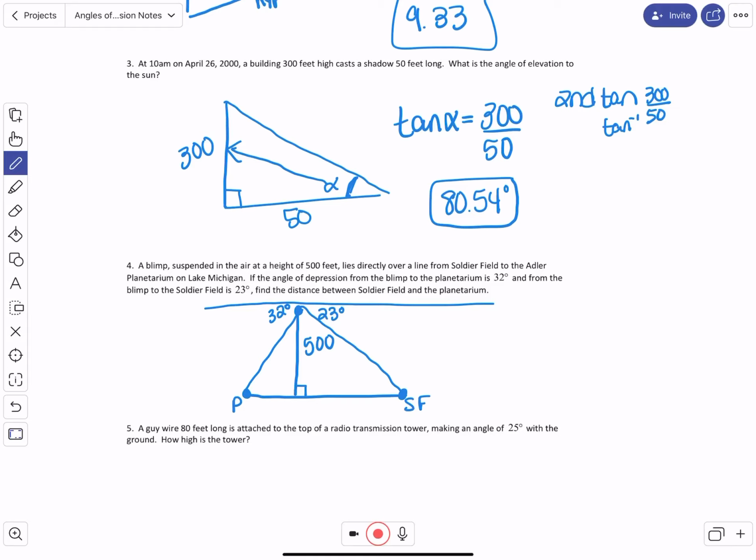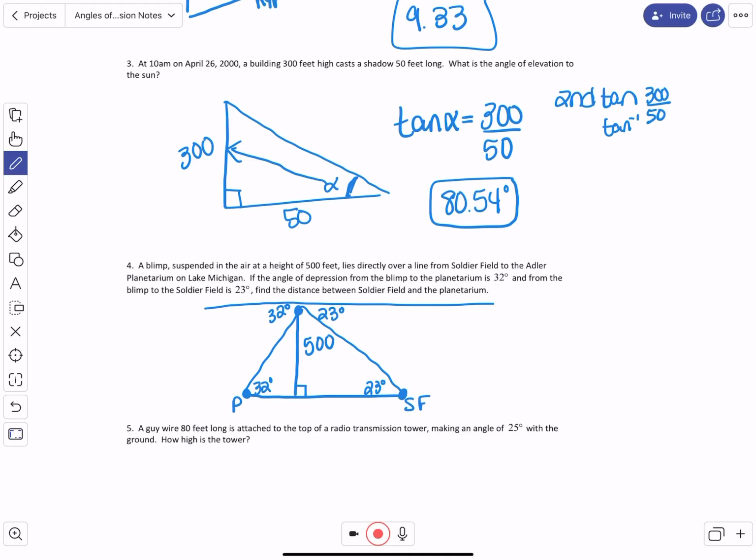So what we know here, if this is 32 degrees, this angle down here is also 32 degrees, okay? And then if this is 23 degrees, this down here is 23 degrees, okay? I had to change some things up this year. Normally, you would have already learned this because it's a rule about parallel lines and transversal lines, but we had to move some chapters around.